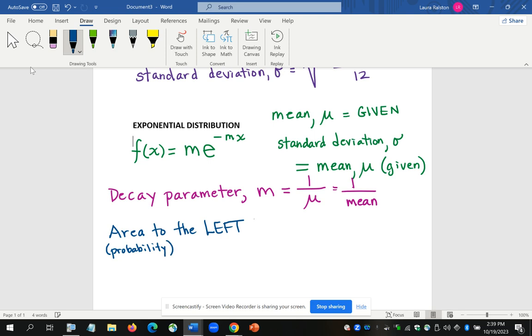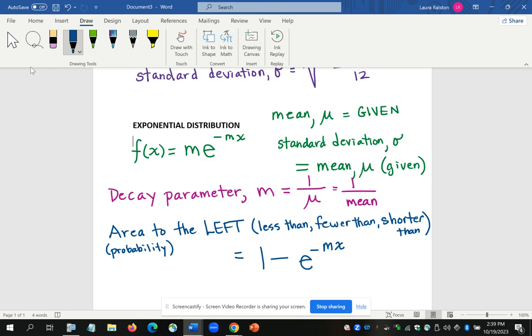The fact that it's to the left, you're going to see words like less than. It could be fewer than. We could use the phrase shorter than. And the formula for calculating that particular area, aka the probability, is 1 minus e to the negative mx power.